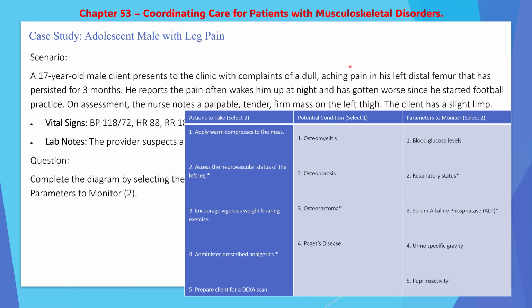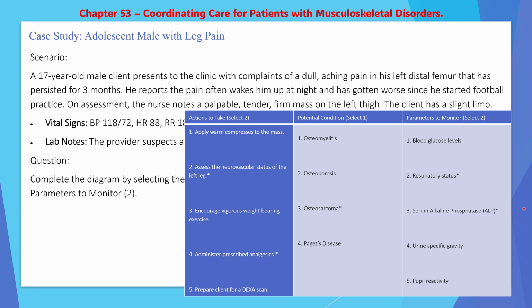So the rationale is that the patient fits the classic demographic, adolescent male aged 10 to 30, and presents with key clinical manifestations found in our textbook: localized pain that worsens at night, a palpable soft tissue mass, and limp.